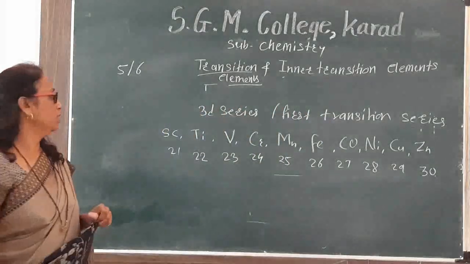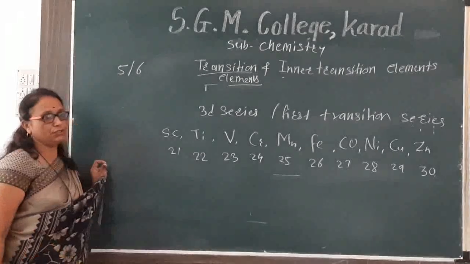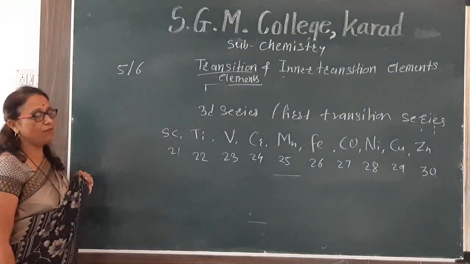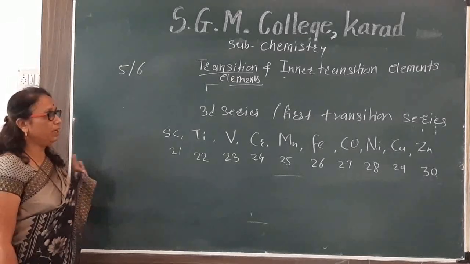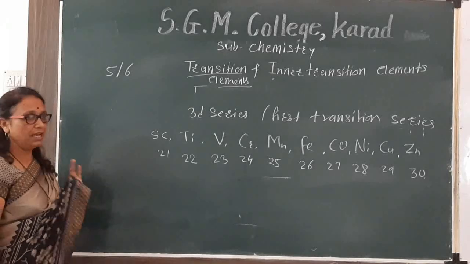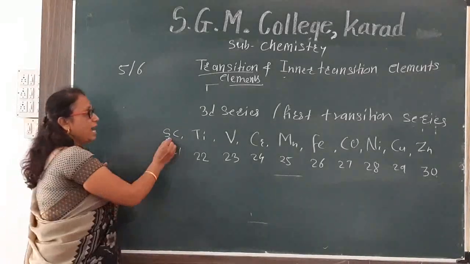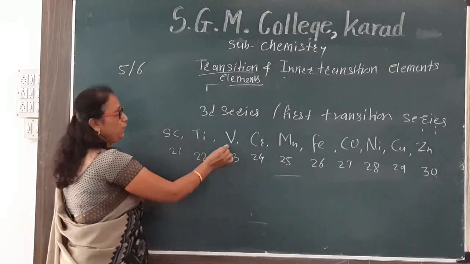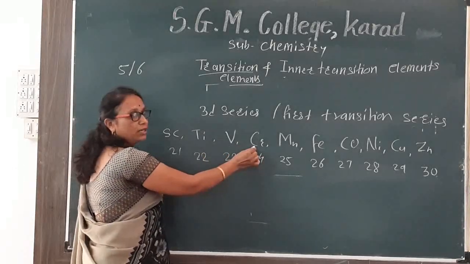To remember the 3d series serially, I prepared one sentence. You can prepare any funny sentence, but the elements should be in serial order. That sentence is: Science teachers invented video cassette recorder.